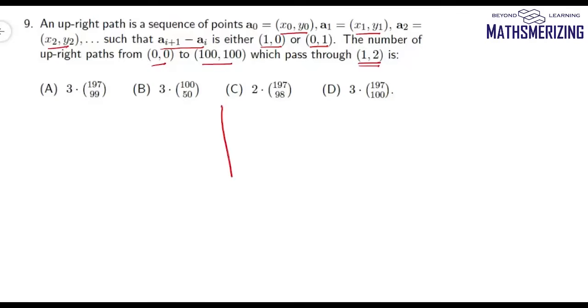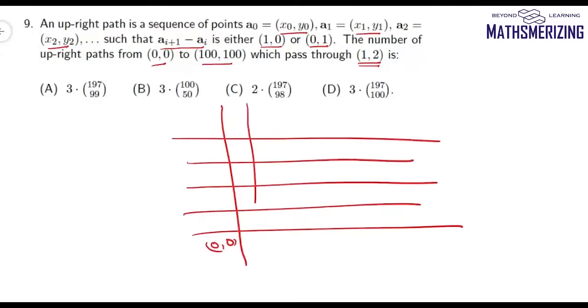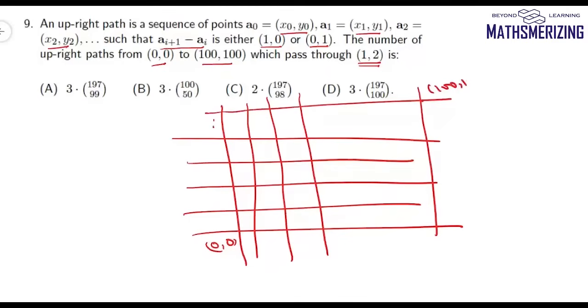So we have this grid starting from (0, 0) with horizontal and vertical lines, and we need to reach (100, 100) such that the path passes through (1, 2). An upright path means we go one step up or one step right, which is an increment of (1, 0) or (0, 1).